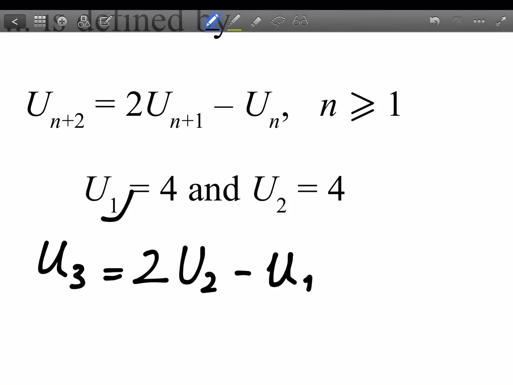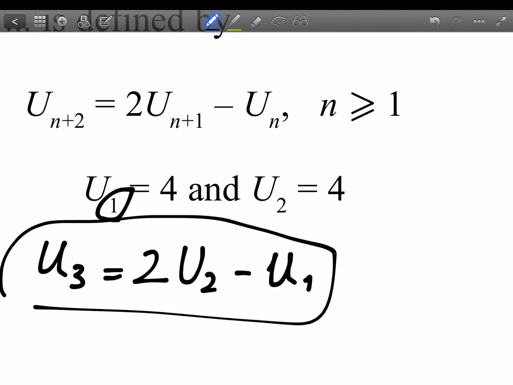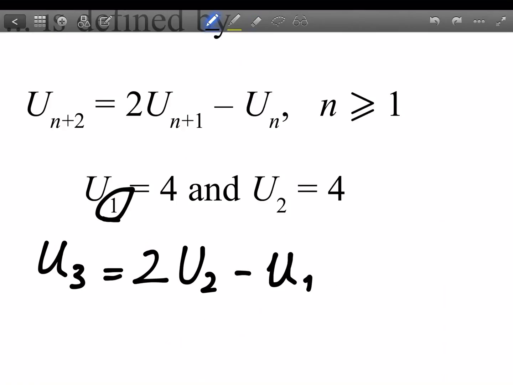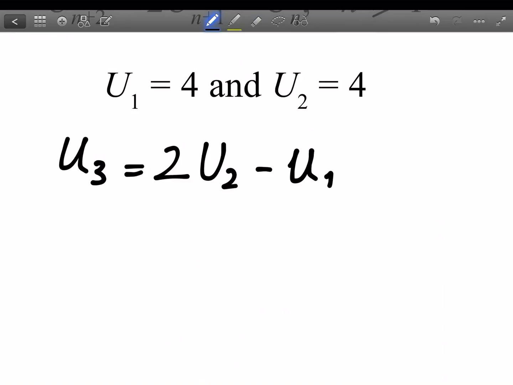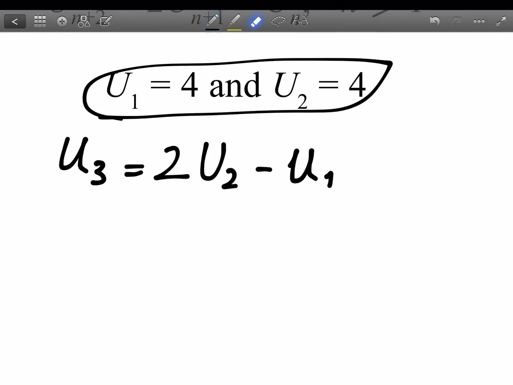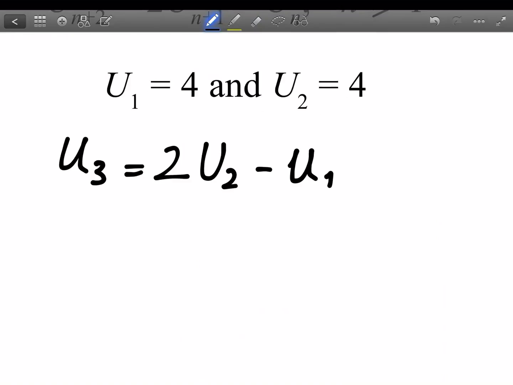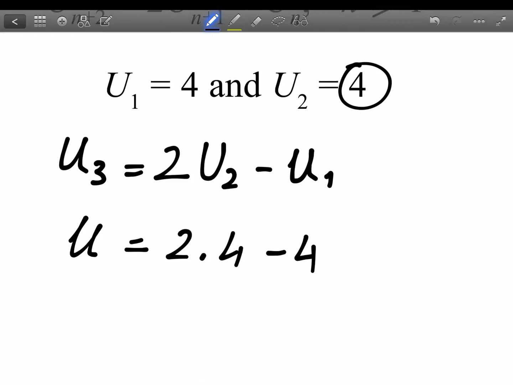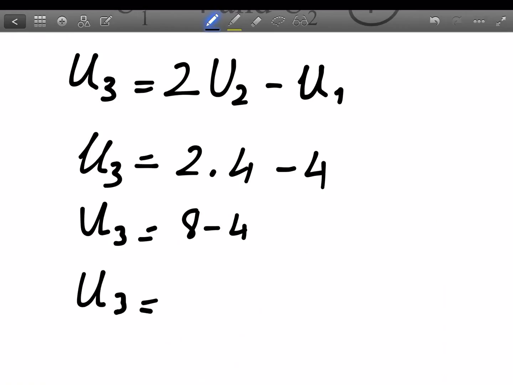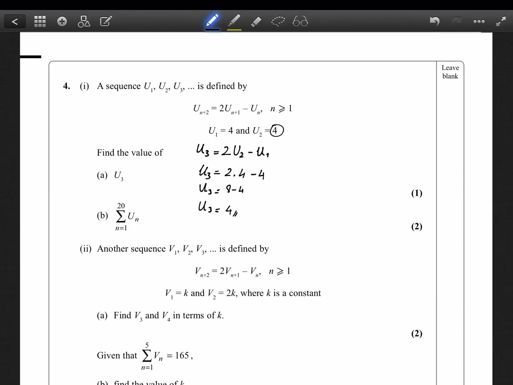As you see, we just put 1 instead of n. Then we get this result, and we will check this by using the given information. u1 is 4. We just write it. u2 is also 4. 2 times 4. And u3 will be 2 times 4, which is 8, minus 4. u3 will be 4. That's really easy. Done.